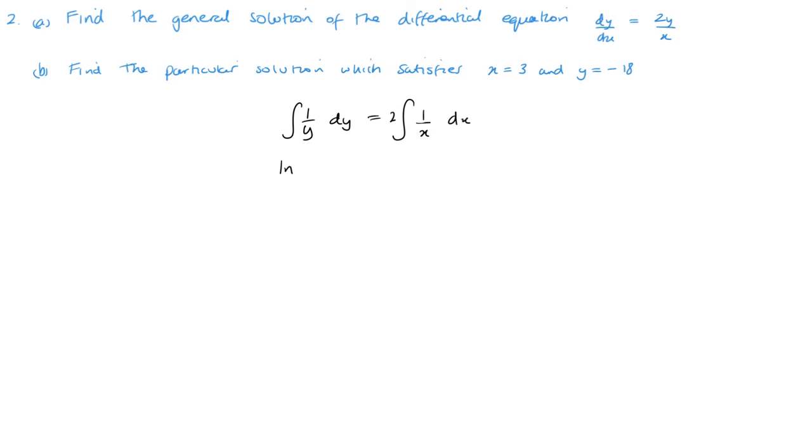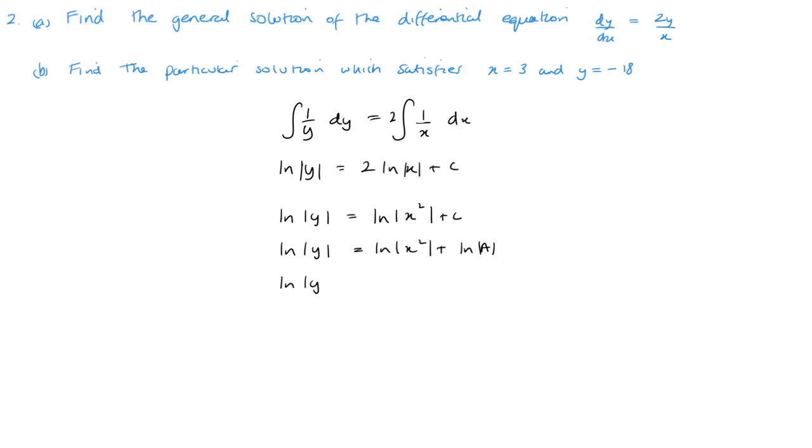So I've got log y equals 2 log x plus c. And really these should be in modulus signs. So this is going to be log y equals log x squared plus c. And then this plus c I can turn into, and I could have done this right from the start, a log a.